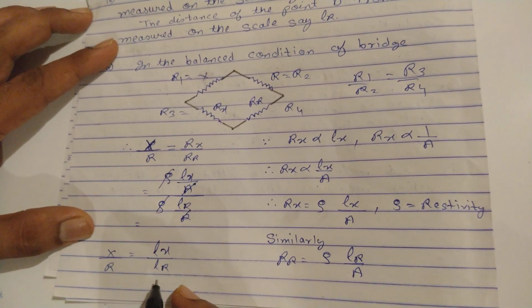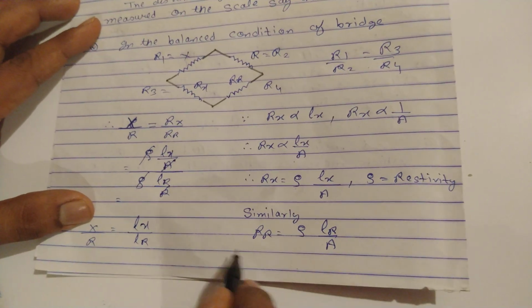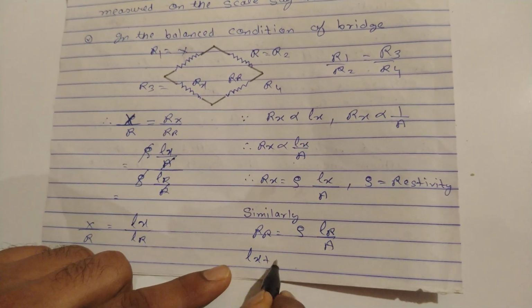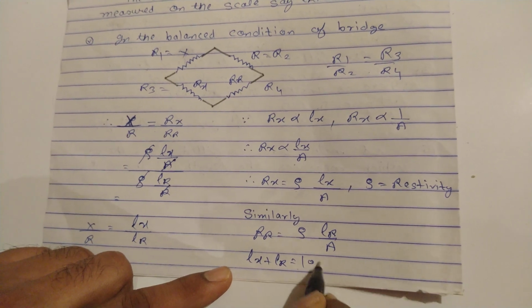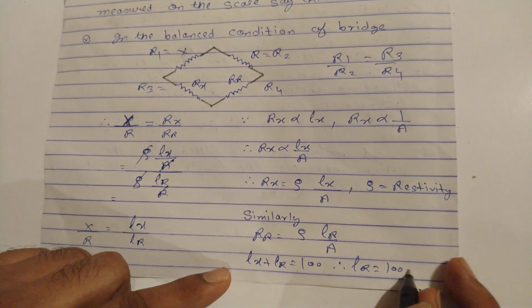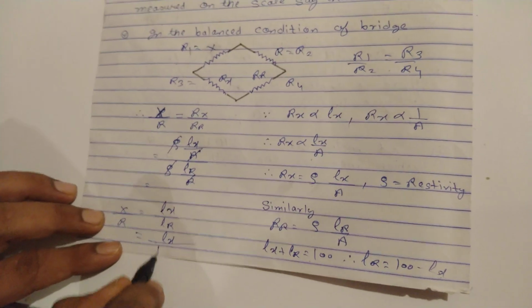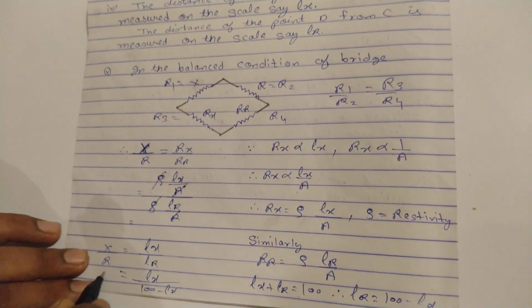But what is the relation between Lx and Lr? Total length is always 100, because Lx plus Lr is 100 centimeter. Therefore Lr is 100 minus Lx, so I will replace Lr by 100 minus Lx.